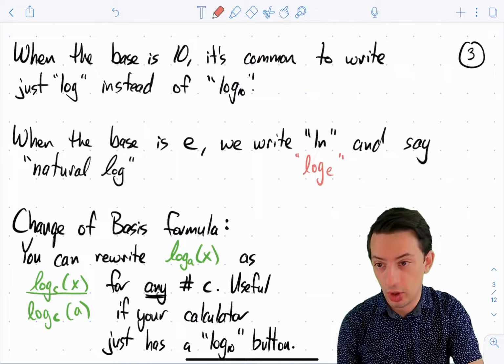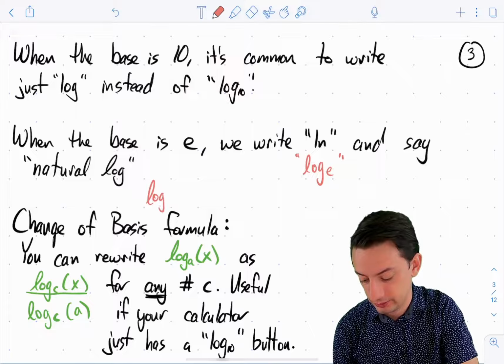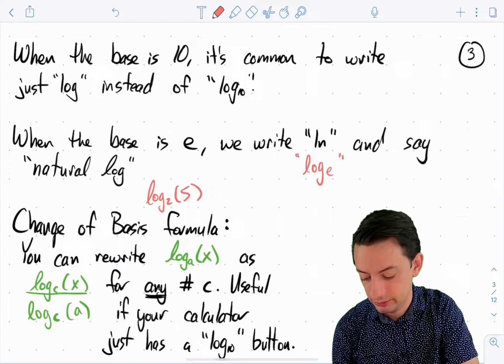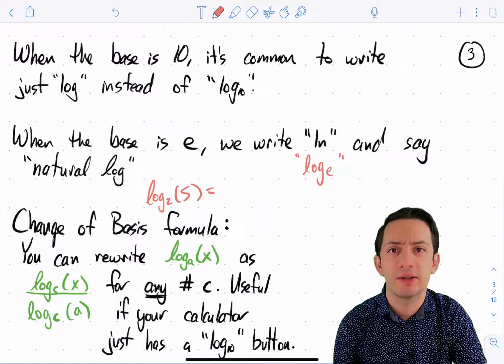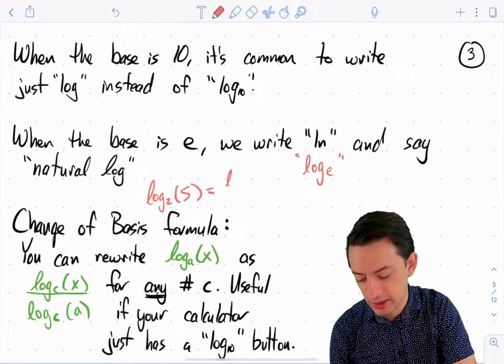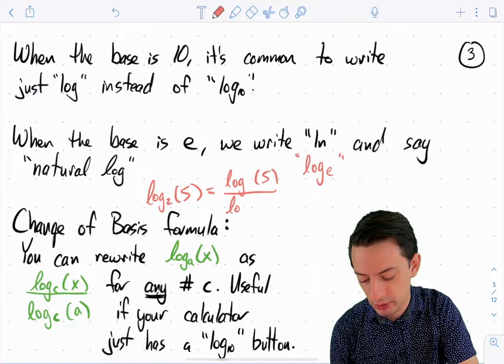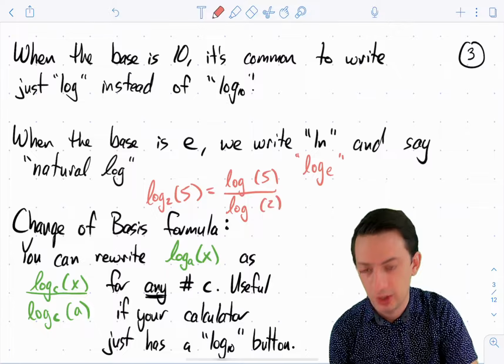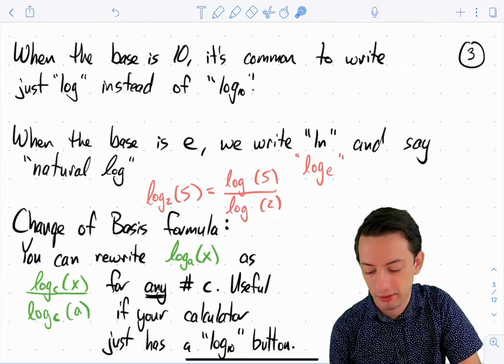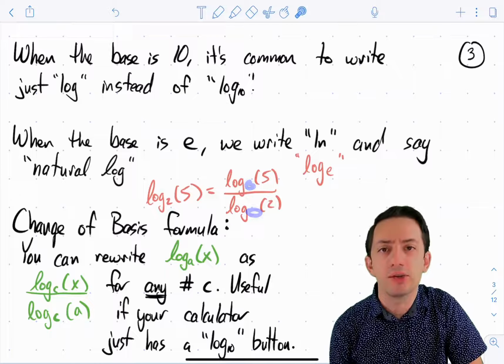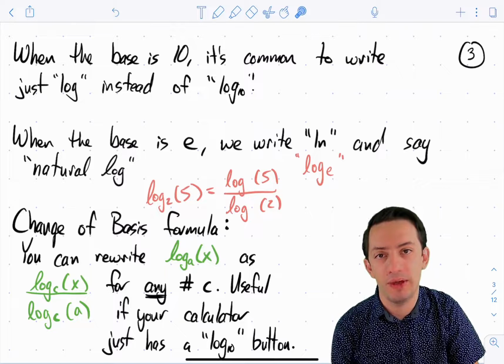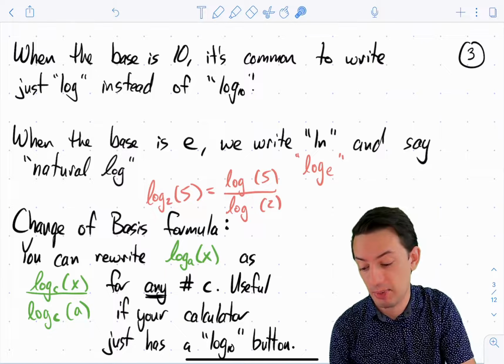So we wanted log base 2 of 5 on the last slide. What our change of basis formula tells us is that we can make this log of 5 over log of 2. And I left a little gap here where I didn't write a base because we can put in any number we want there for the base as long as it's the same on the top and bottom.